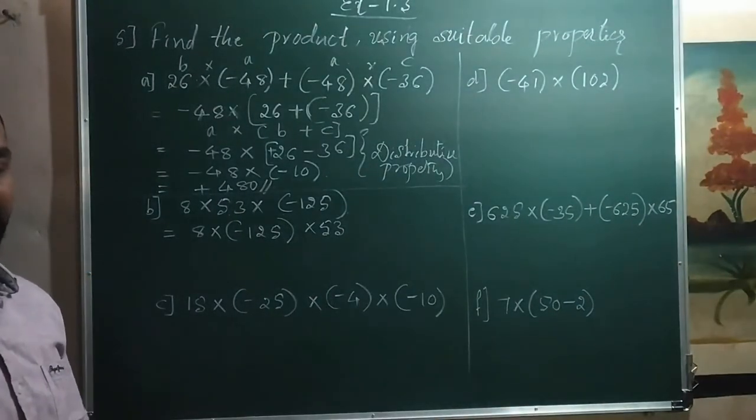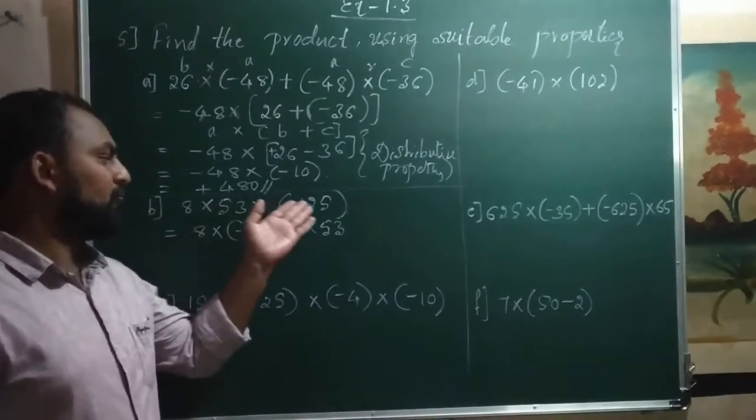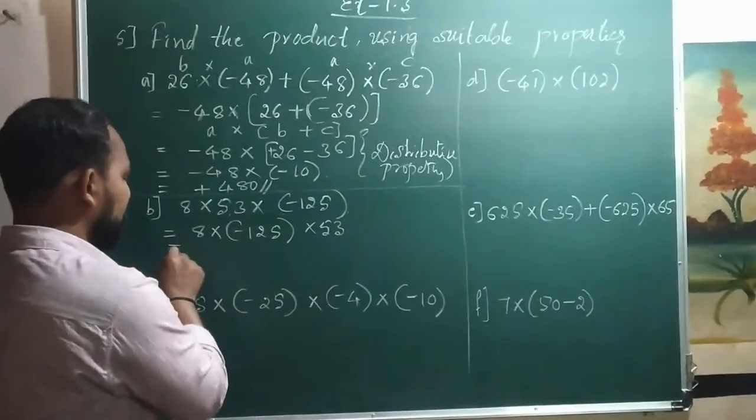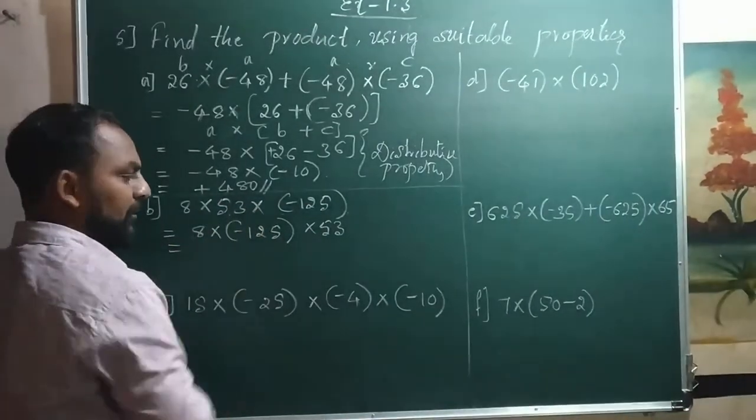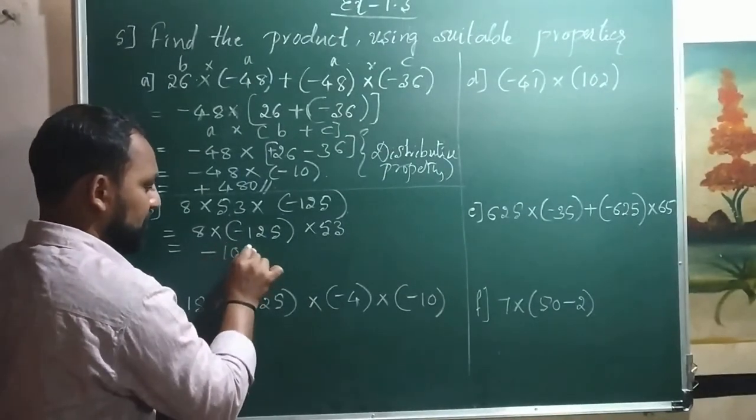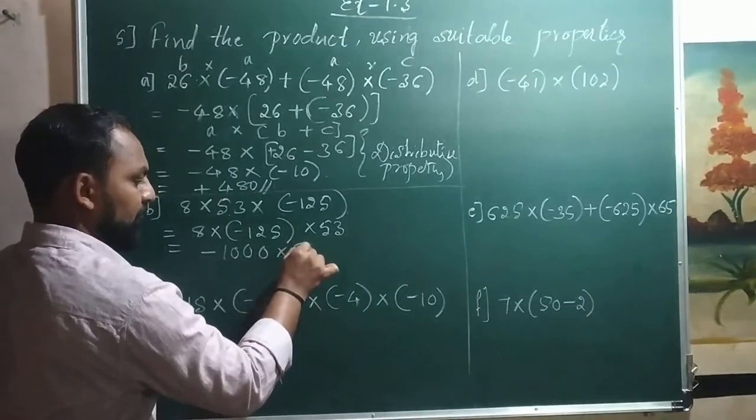The commutative property is A into B equal to B into A. Here 8 into 125 or 125 into 8. The easy way is 125 into 8, which is 1000, so minus 1000 into 53.